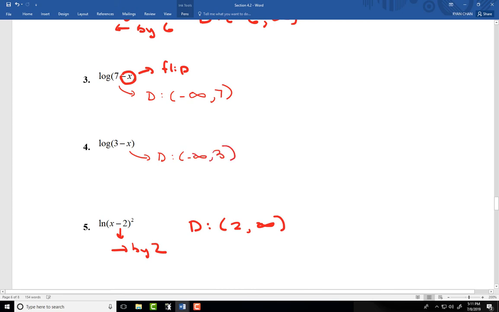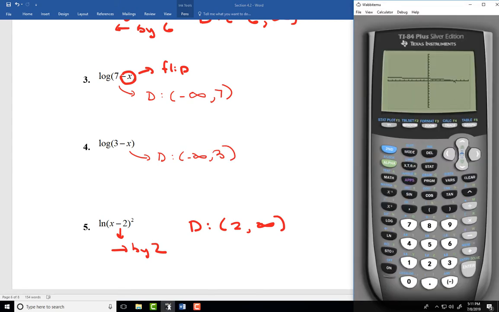Let's see if it works. I'm going to graph this. It works, yeah, and it stops right there. Okay. Remember though, your range is still from negative infinity to infinity.